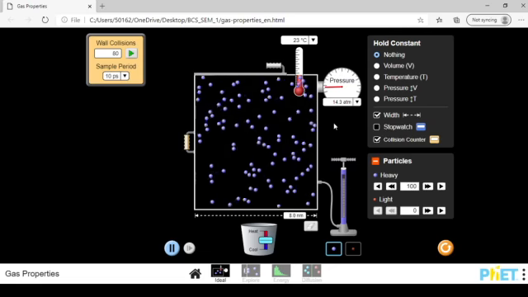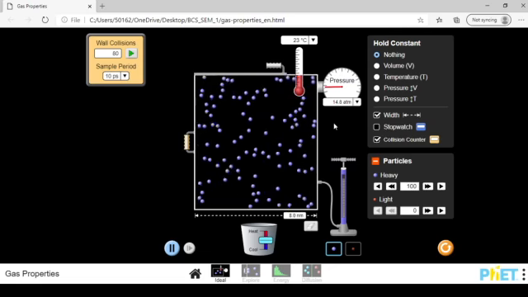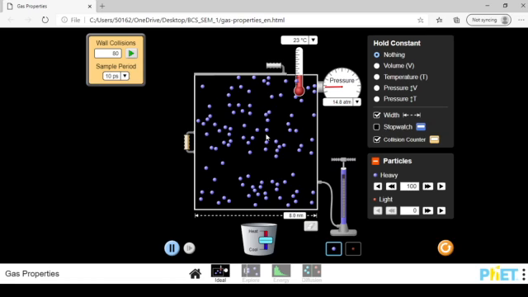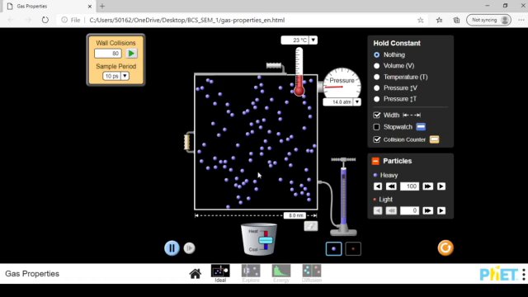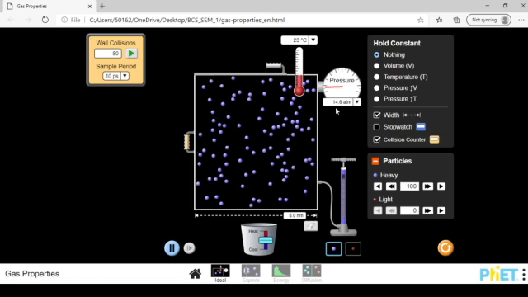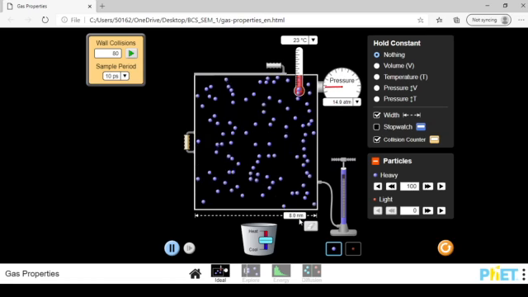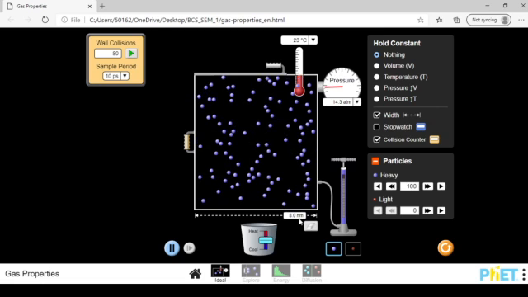Now, increasing the volume or decreasing the volume, what will happen here in the container? We are not going to increase the pressure, but something will happen to the temperature or pressure when we increase this volume. So notice here at the bottom we have 8 nanometers, that's the size of the container.